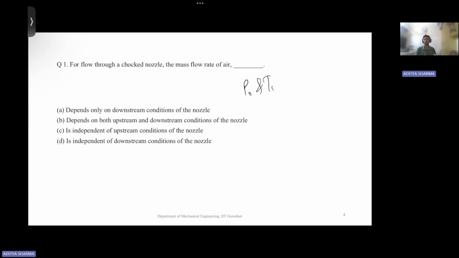Essentially, knowledge of upstream properties will suffice to know the mass flow. So the fourth option, independent of downstream conditions of the nozzle, comes out to be the correct option for this question.